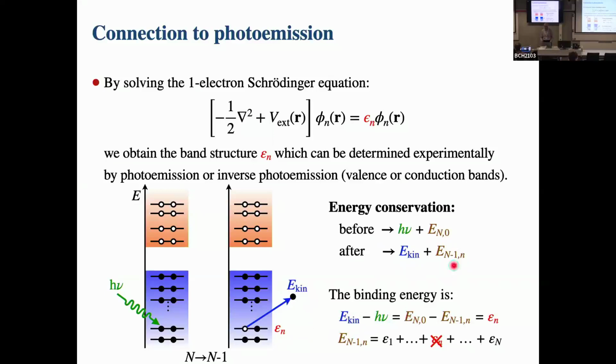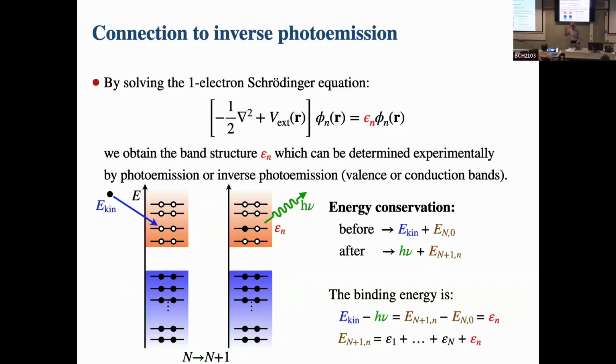And so if we write things together, we have that the difference between the kinetic energy and the energy of the incoming photon is given by the difference between the energies before and after the excitation, and that's basically the energy of the electron En that has been removed here. Okay, so we have a direct measure of the energies of the electrons by shining some electromagnetic radiation, extracting an electron, and just measuring the kinetic energy. Okay, that's the simplest picture, but that's the kind of idea we want to have.